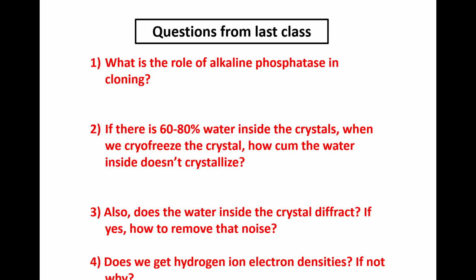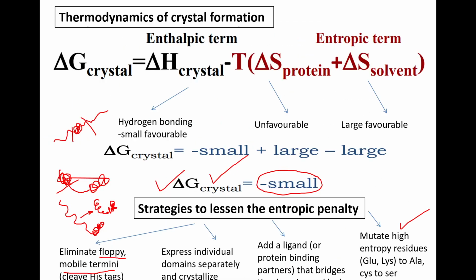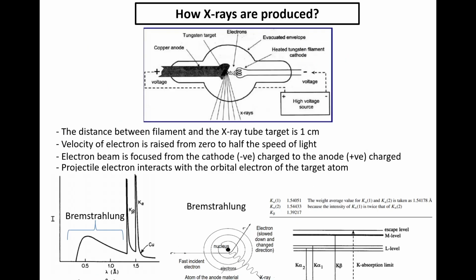Okay, since I have now answered these questions, let me discuss a little bit about how X-rays are produced. We will try to cover as much as we can, because I don't want to rush. If you can understand at least 10% to 20% of what I am telling you today, that will be a gain for me, rather than ending slides and slides and you have no information in your mind.